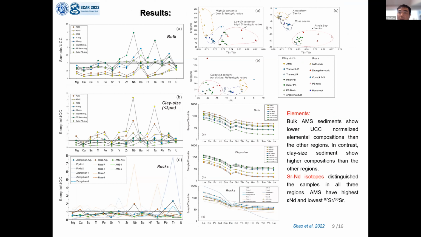And for the strontium and neodymium isotopic composition, they distinguished the samples in all three regions, showing that Amundsen Sea has the highest epsilon neodymium isotopic composition and the lowest strontium isotopic ratios.